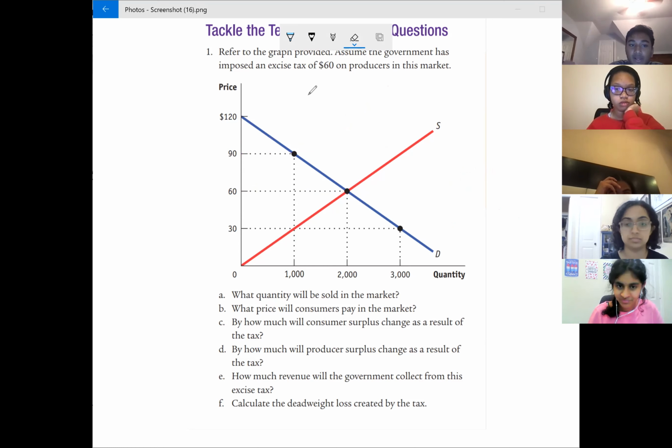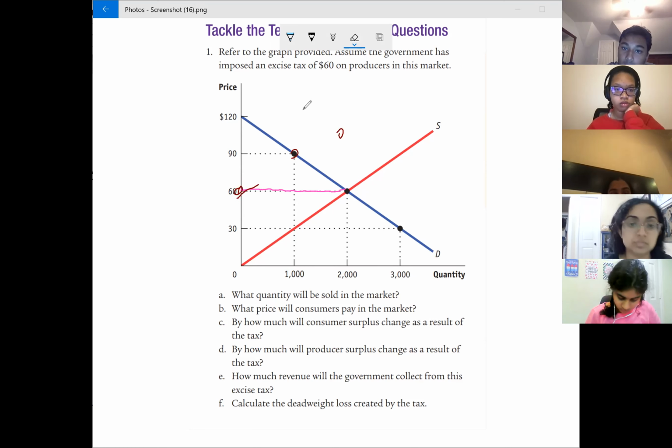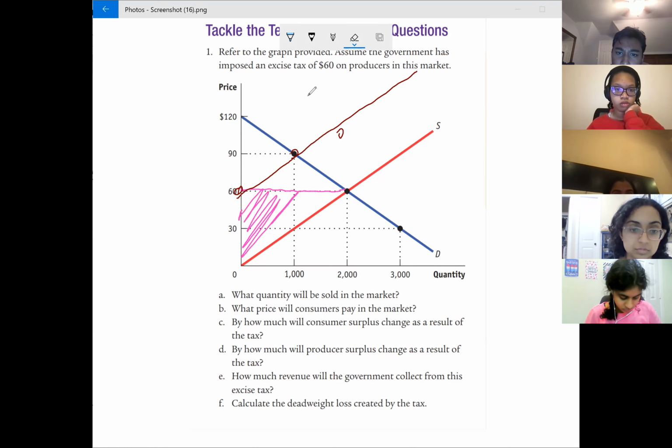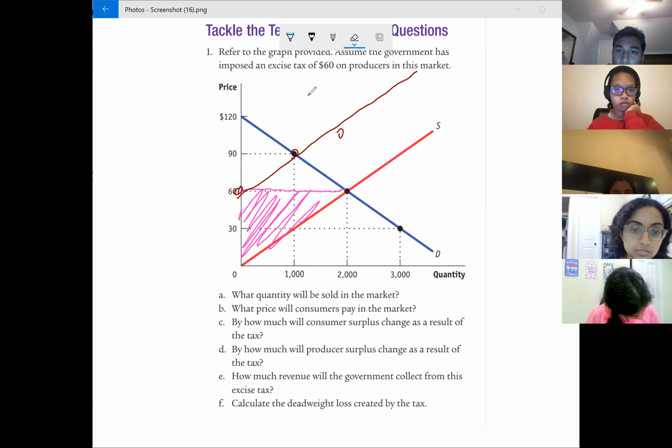So if you look at producer surplus, let's look at the equilibrium price. So this is what it used to be, right? Equilibrium. And then when I add my tax, what does that do? So this used to be producer surplus, right? Yeah, so then once you add the excise tax, the producer surplus would now be this small little triangle over here, right?